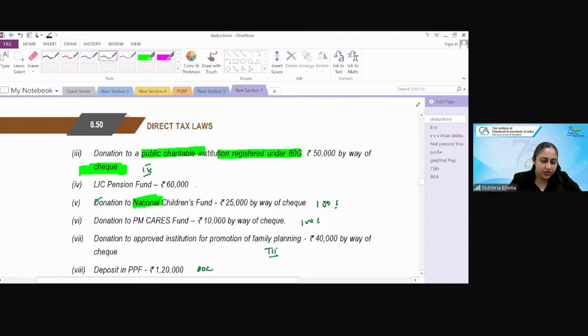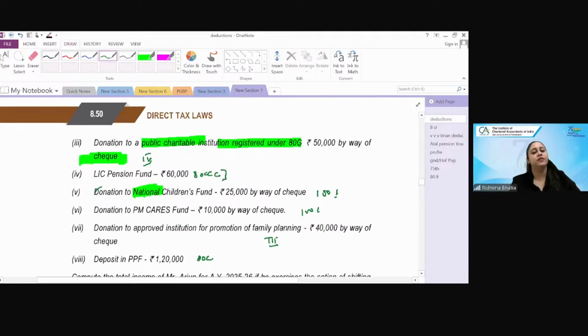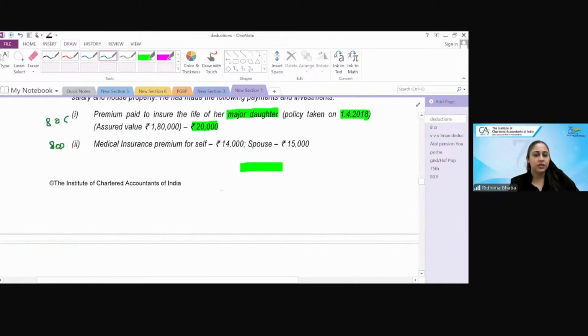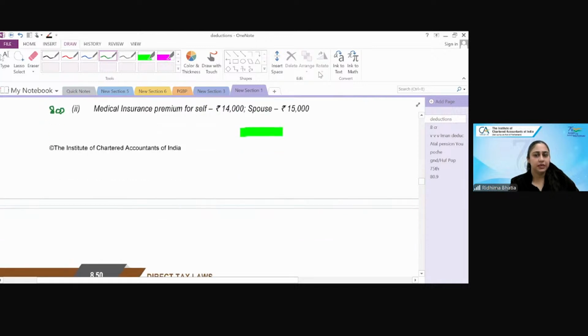And LIC pension fund, this goes under 80CCC, 60,000, but all of them combined go to 1,50,000. 80D में 14 plus 15 not a problem. आपका 25,000 80D में मिल गया, because limit दिया हुआ है age का, तो 25,000 you got in 80D.